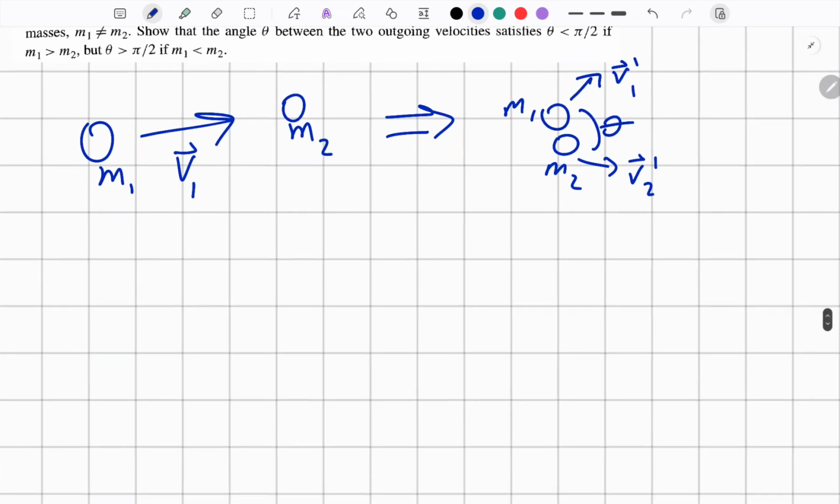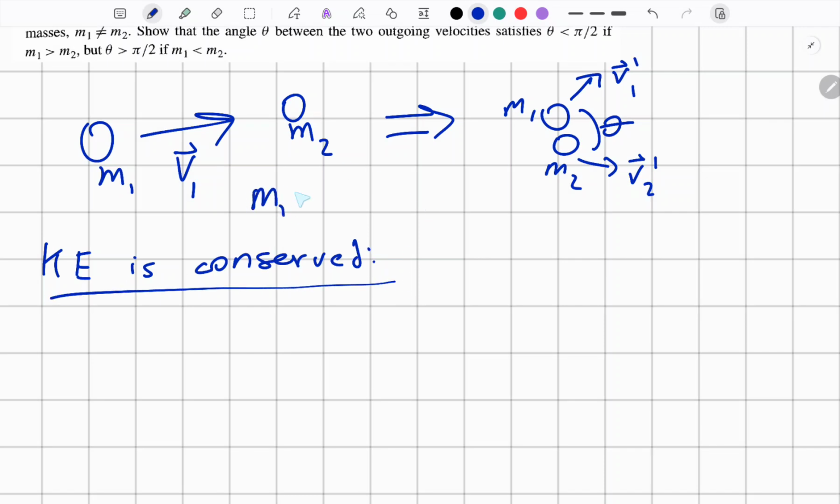So, we know that our kinetic energy is going to be conserved. So we can make a formula using the kinetic energy. We also know that mass 1 is not equal to mass 2.